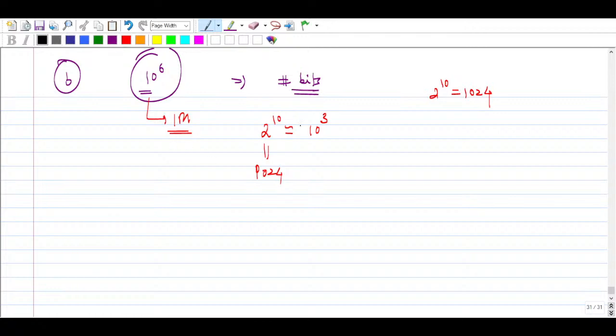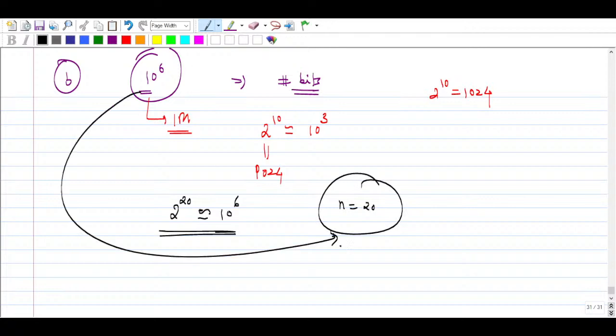So you can take the square of both sides, right? So 2 raised to power 20 is approximated as 10 raised to power 6, right?